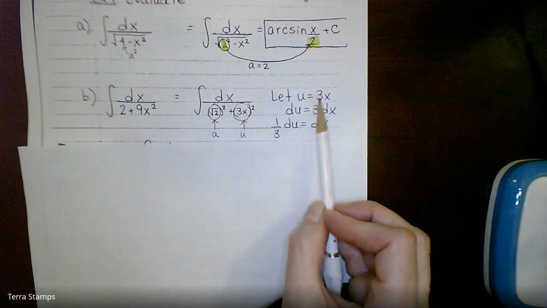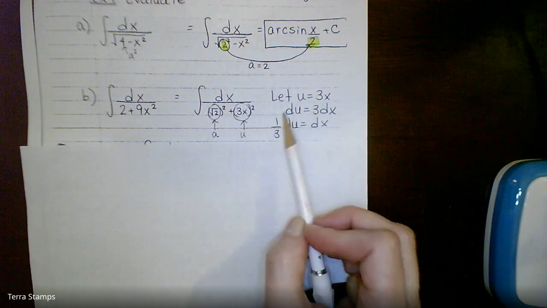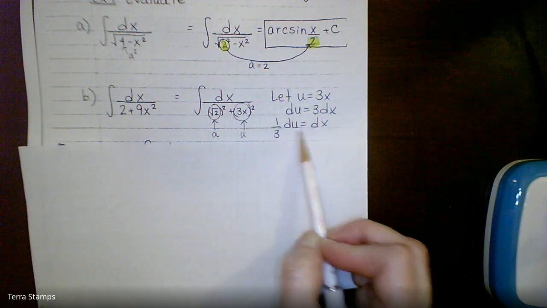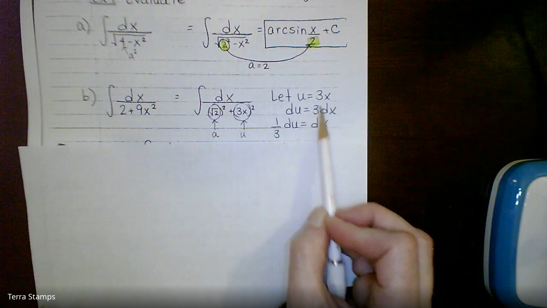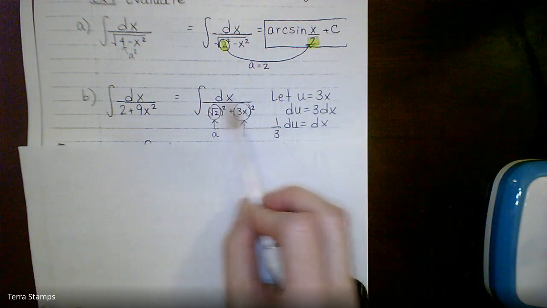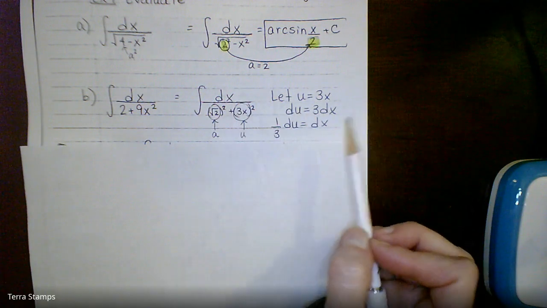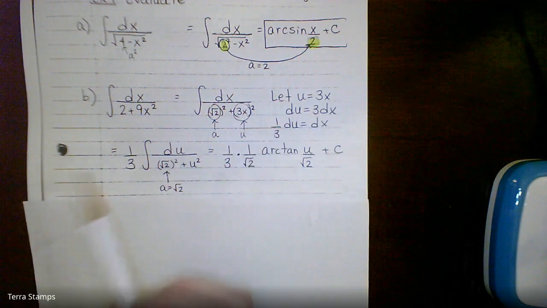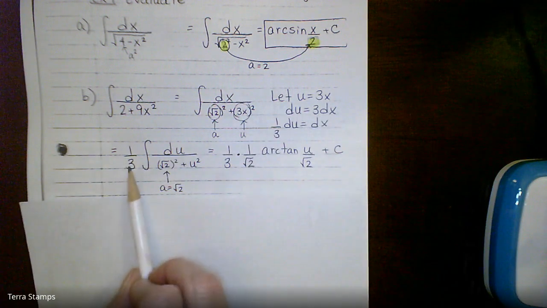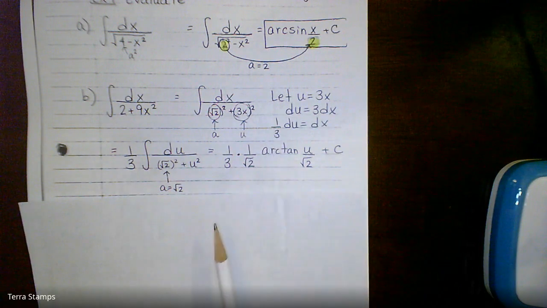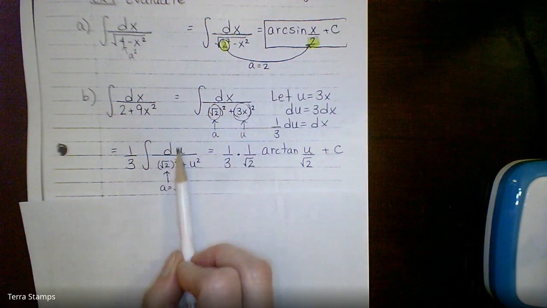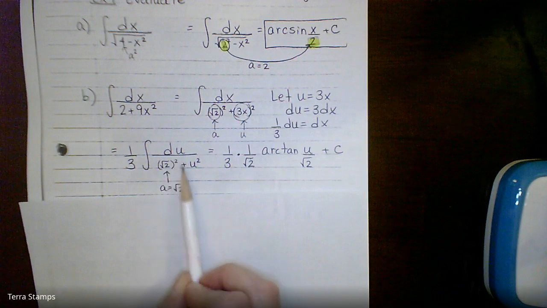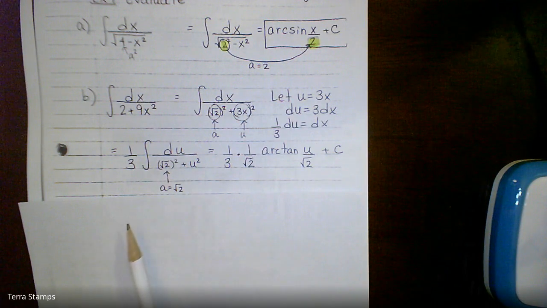I need to let u be 3x so that my du is 3dx. I get this extra 3 in here that I don't have in my original integrand, so dividing both sides by 3, here's that 1/3 from right there. And then this becomes du over a squared plus u squared.